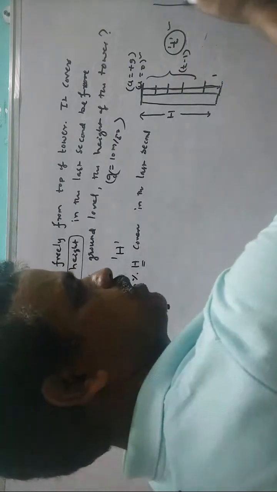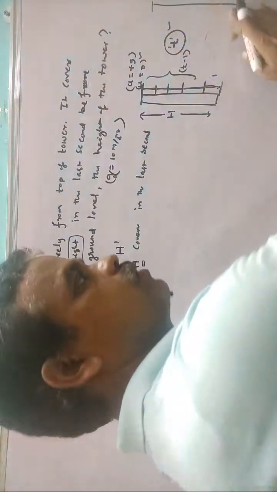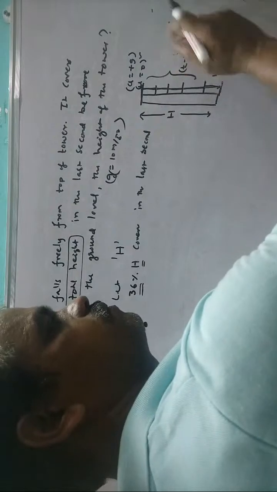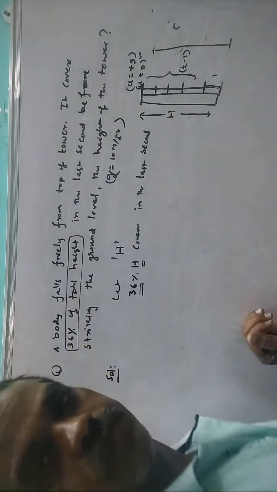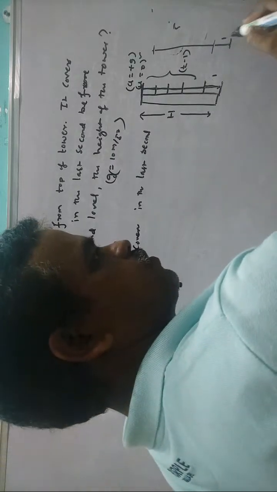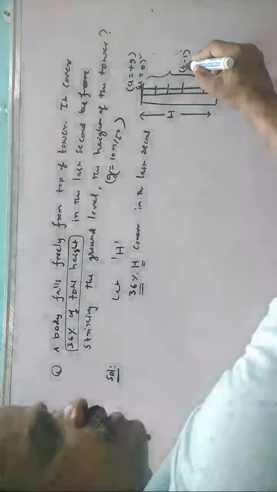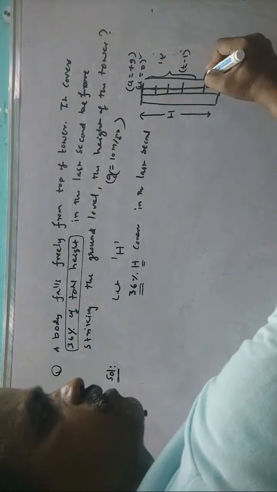If total time is 5 seconds, here it takes only 1 second, the remaining will be 4 seconds. So the last second is 1 second, the remaining total time is t, so up to here t minus 1 seconds.